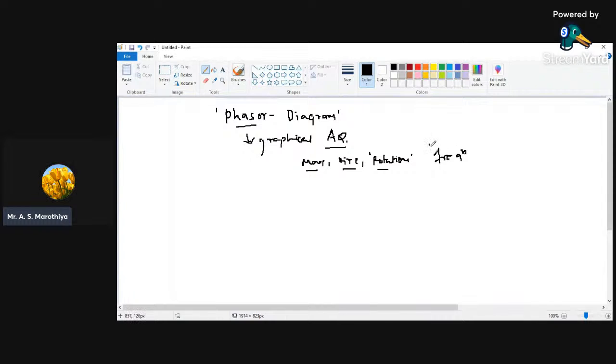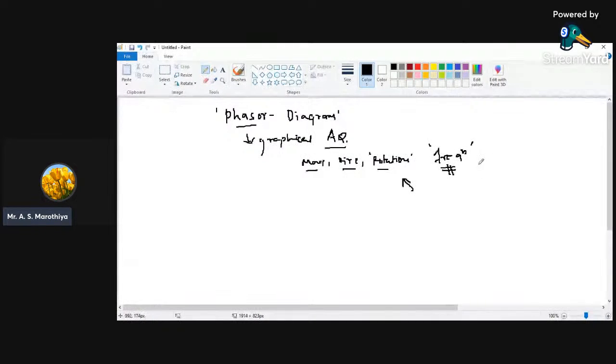This is very important. Every phasor is going to rotate normally in the anti-clockwise direction at a speed equal to the frequency of the alternating quantity. Now, what is frequency? Frequency is nothing but the number of cycles per second done by that quantity.